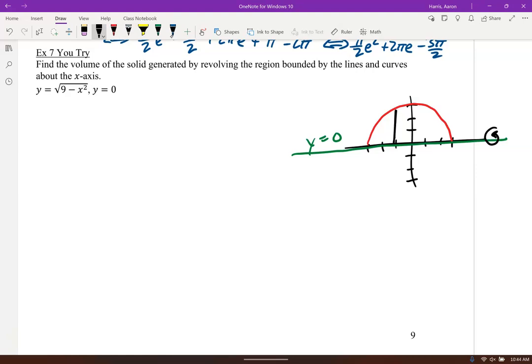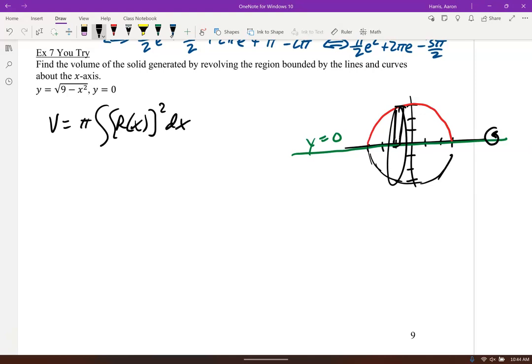So here's our r of x that we've got to spin around. It's just going to end up being a sphere. And so this volume is pi times r of x squared dx, a to b.